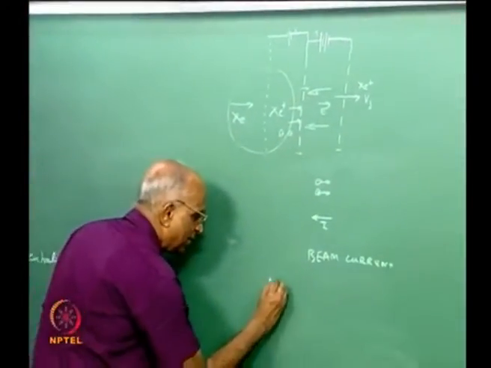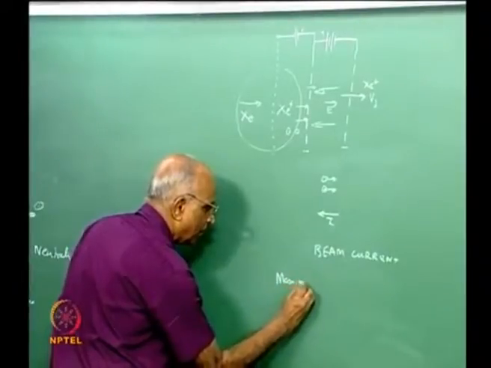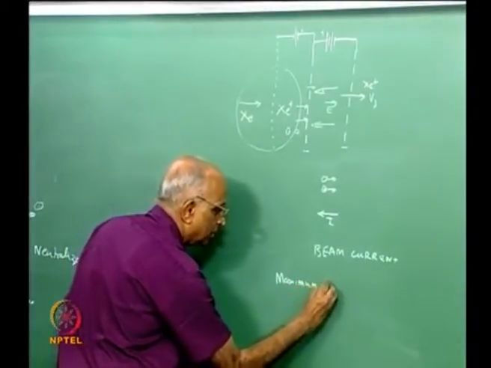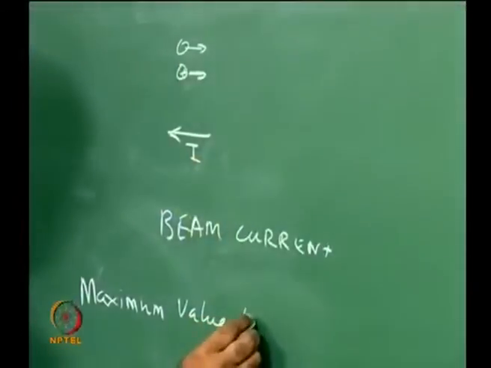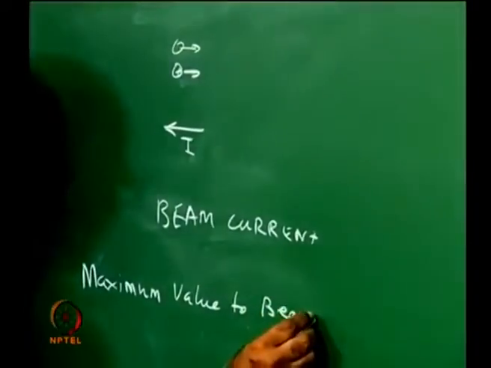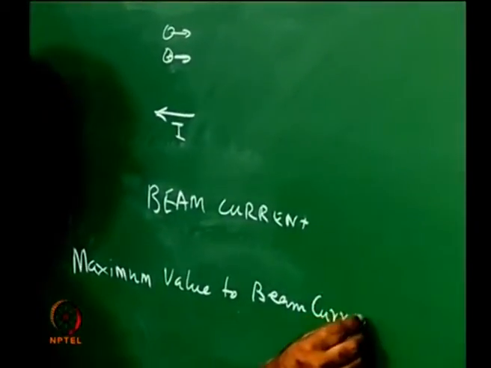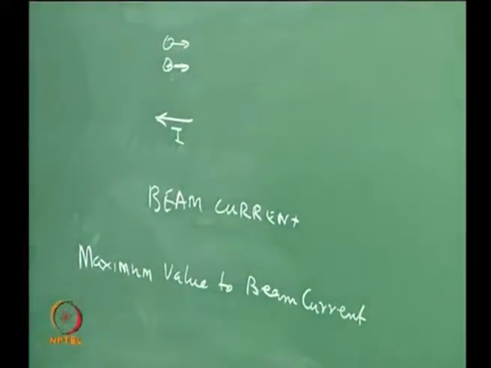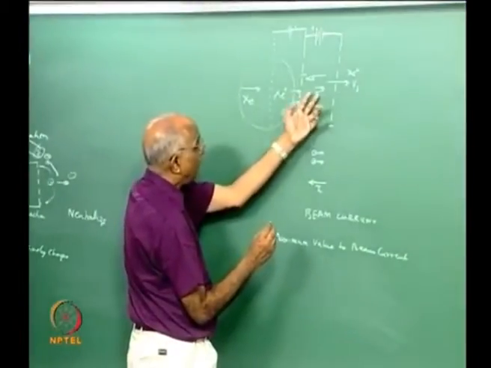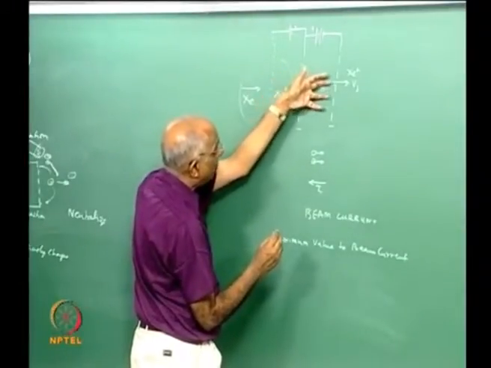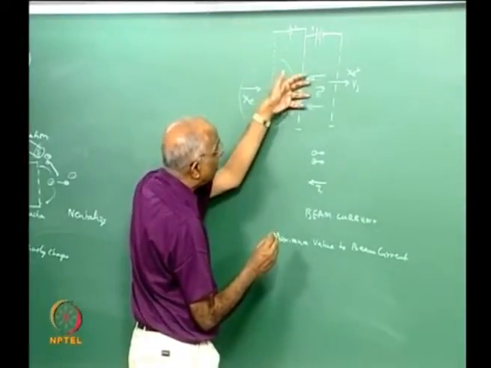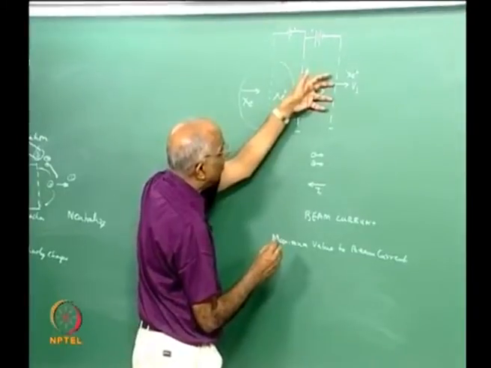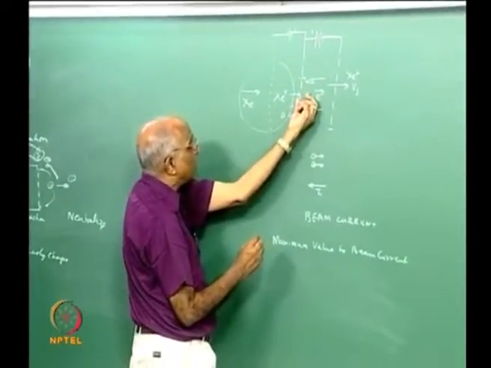That means there is a maximum value to the beam current. We will not go into too much detail of this, but we recognize there is a maximum amount by which I can push it out, because as more and more of the positive charges move out, I get a current in the opposite direction.